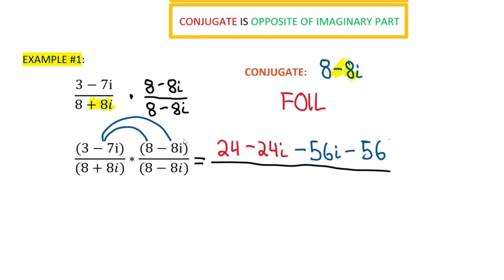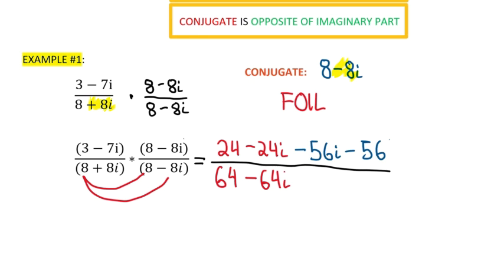And that is all over what we have in the denominator. Let's take a look at what we have. 8 times 8 and 8 times negative 8. 8 times 8 is 64, and 8 times negative 8 is negative 64i. But we still need to do the inside and the last, which is 8i times 8 and 8i times negative 8i. 8i times 8 is positive 64i.